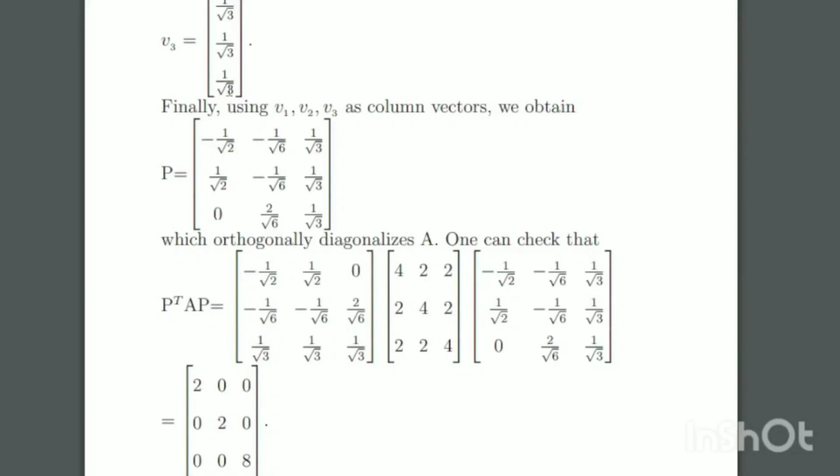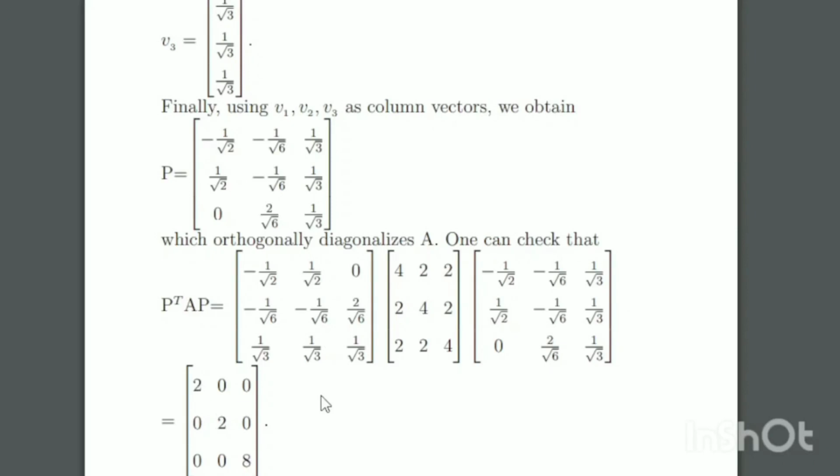And the matrix P is given by this orthonormal set of vectors, that is (-1/root 2, 1/root 2, 0), (-1/root 6, -1/root 6, 2/root 6) and (1/root 3, 1/root 3, 1/root 3), which form our matrix P that orthogonally diagonalizes A. That means when we compute P transpose A P, you will get a diagonal matrix with diagonal entries as our eigenvalues 2, 2, 8.